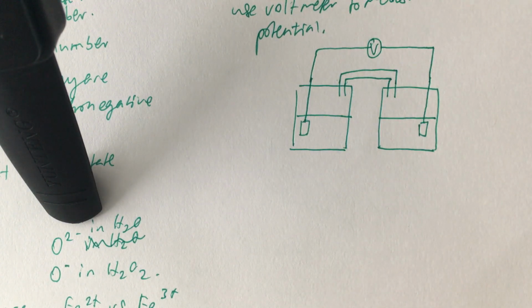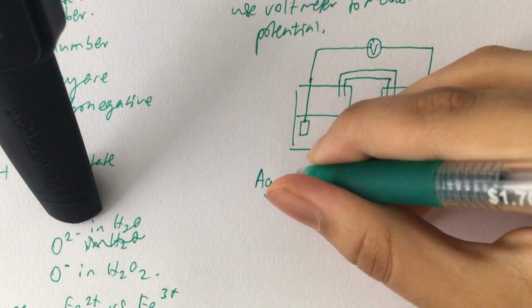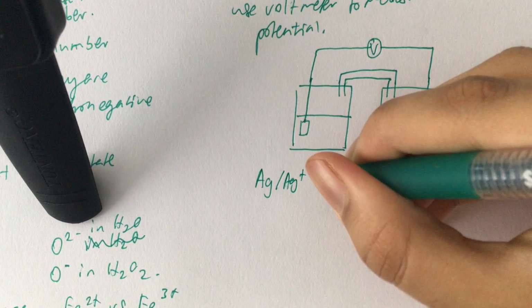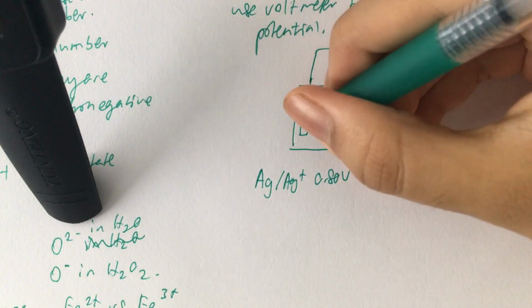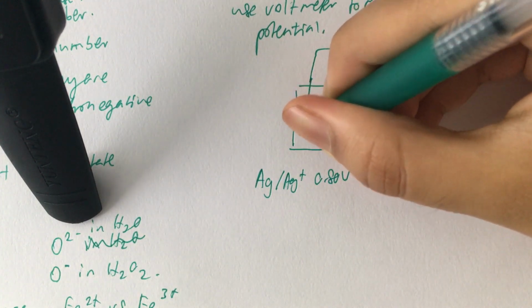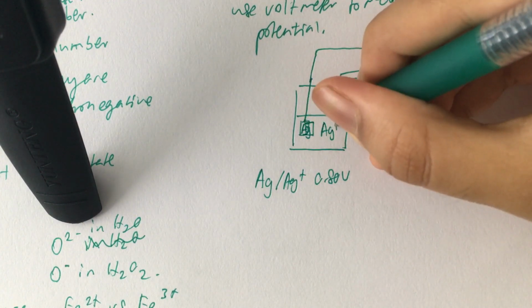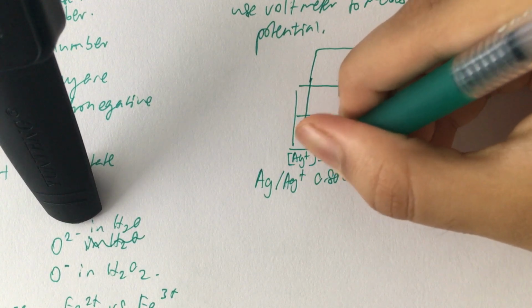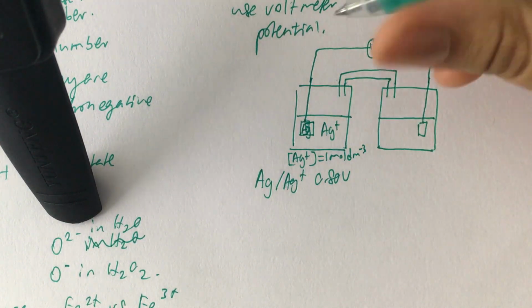We can have a SHE on one side and the silver on the other side. The silver one shows Ag+ + e- becomes Ag. So you need a silver electrode, and you need a solution that has silver cations, and the anion shouldn't react with the hydrogen for that matter. That's what you need to do to figure out the standard electrode potential.